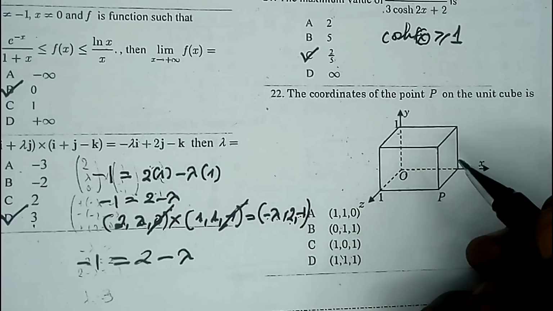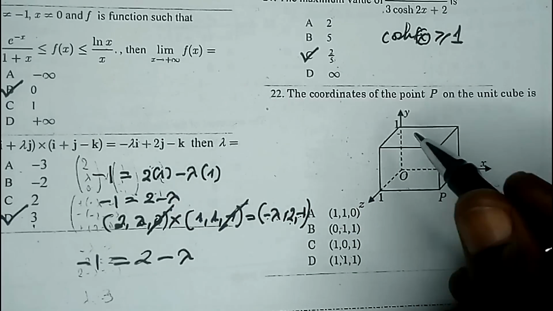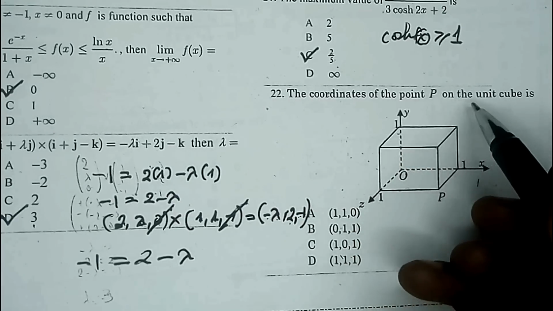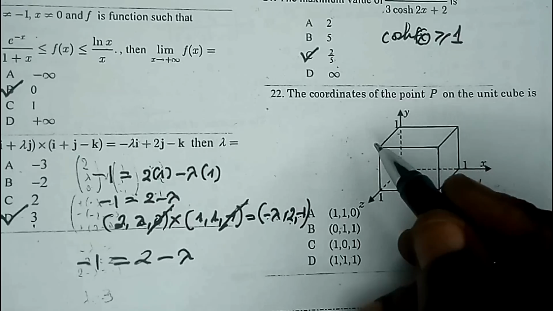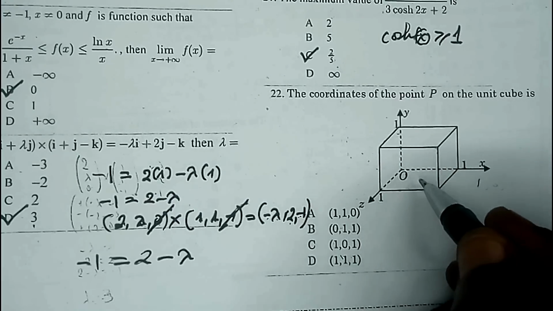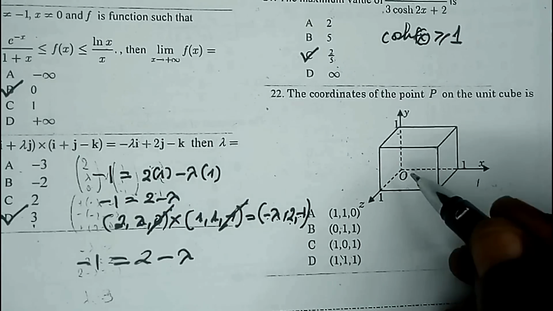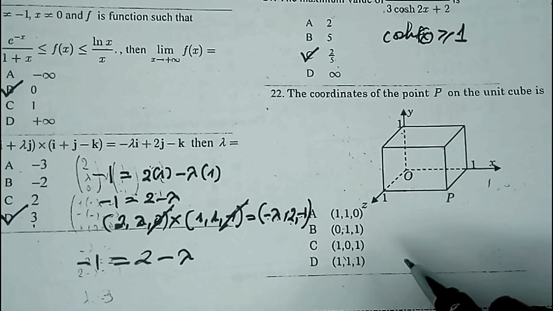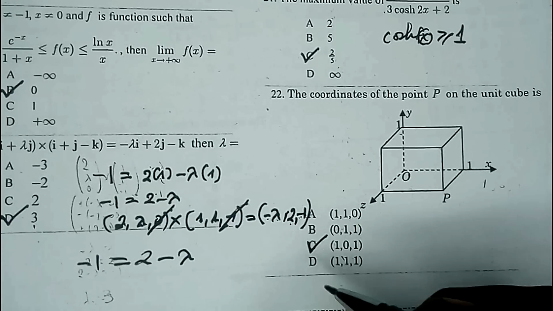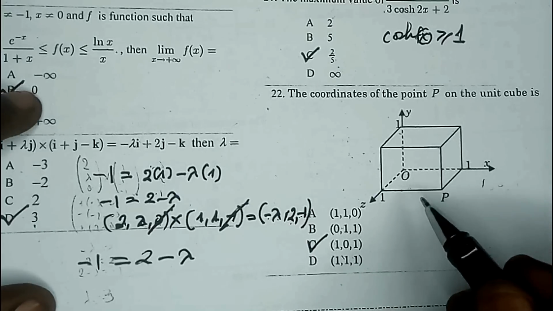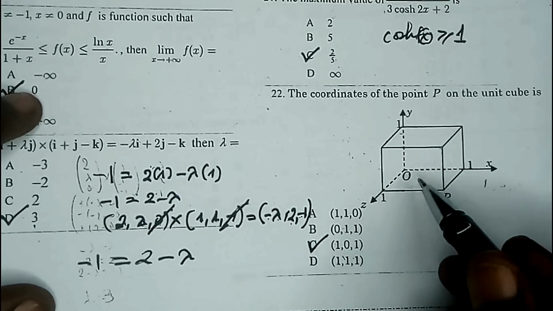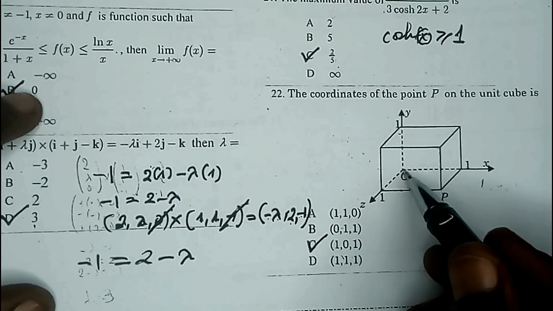In number 22, the coordinates of the point P on the unit cube: we have x, we have y, we have z. So this is C, and it's simply obtained by looking at the way the point has been displaced.